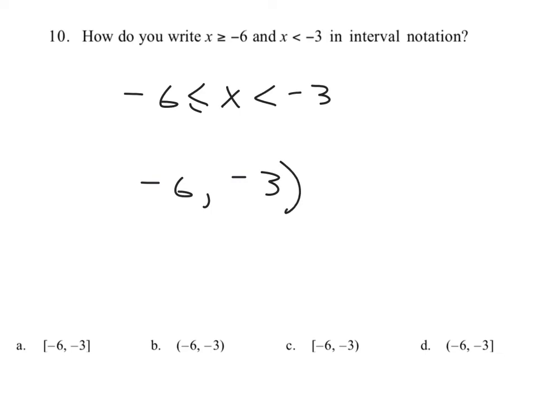So it looks like that, okay? But this one says you can include -6 as a solution. And when do you include the endpoint? With brackets, like that. So what we're looking for is the -6 side has brackets, and the -3 side has parentheses, and that is answer C. Let's keep going.